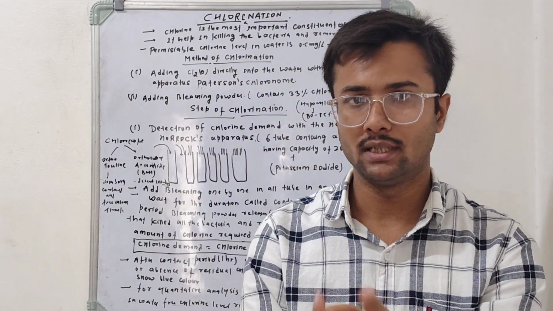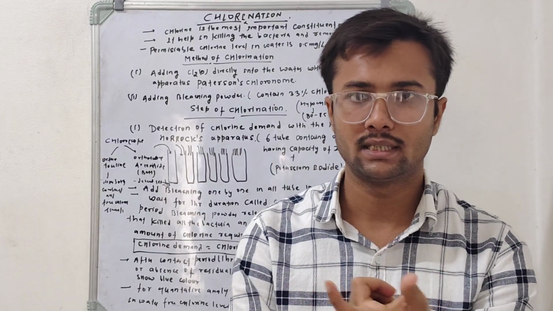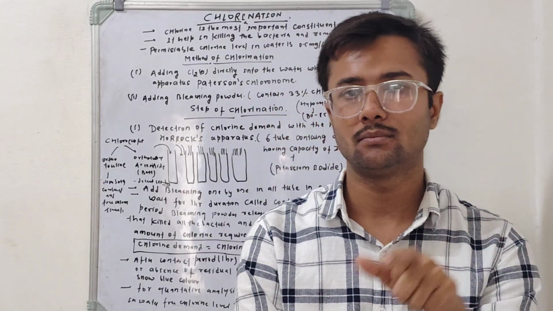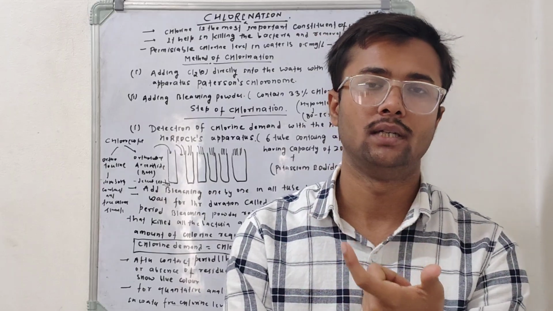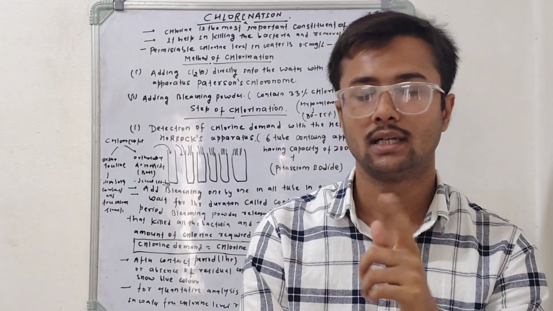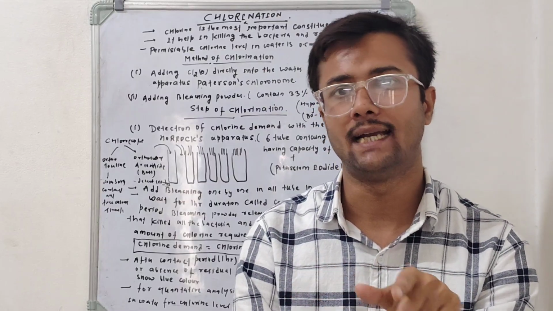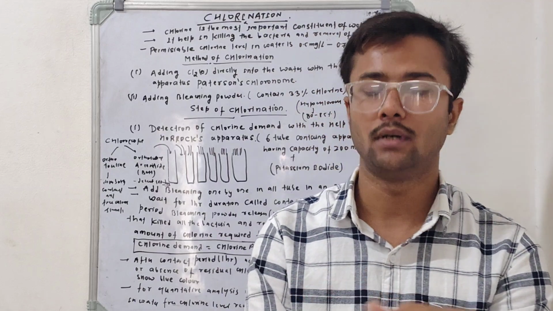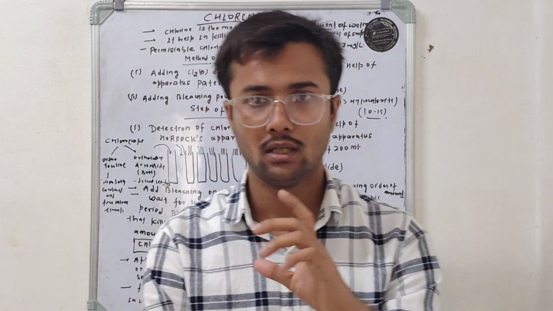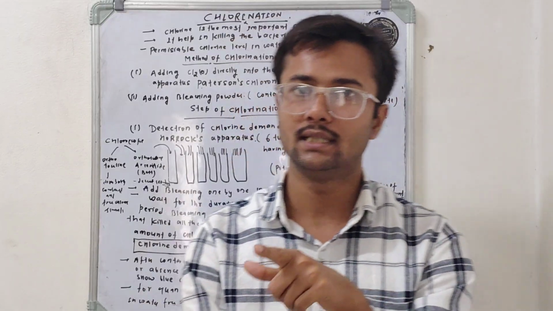How do we calculate the chlorine demand with this apparatus? We first fill all 6 tubes with the sample water. Then we add bleaching powder in an increasing fashion. In the first tube we add 1 spoon of bleaching powder, in the next tube 2 spoons, in the third tube 3 spoons, and so on for all 6 tubes.